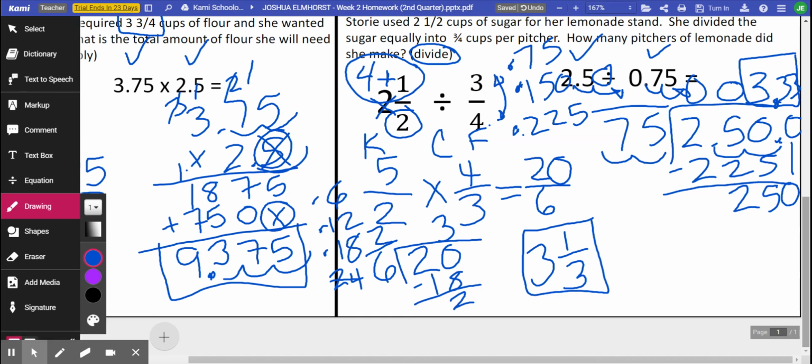We got 250 left over. Then you got another 3, which is 225, and that's going to give us 25. So we're going to keep having the same remainder left over. So that remainder is going to be our repeating decimal up above. So 3 1/3 is equal to 3.33333, but we're going to stop after 2 decimal place values.